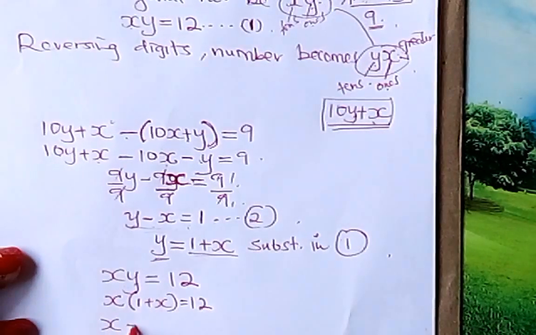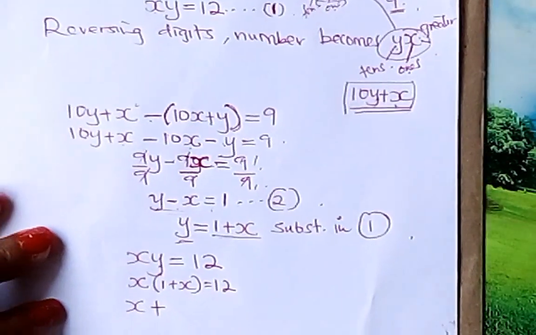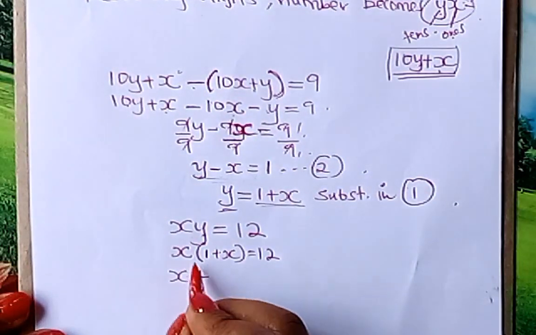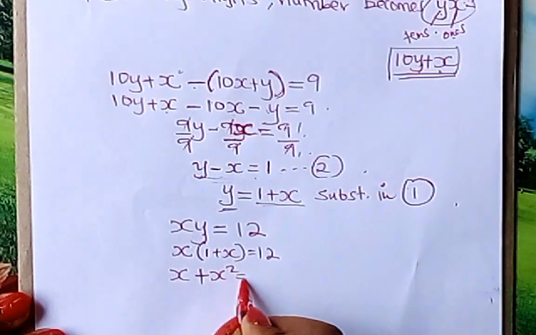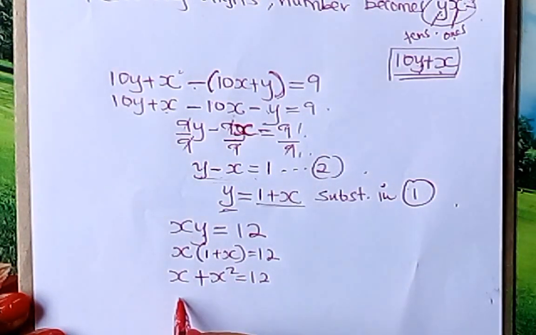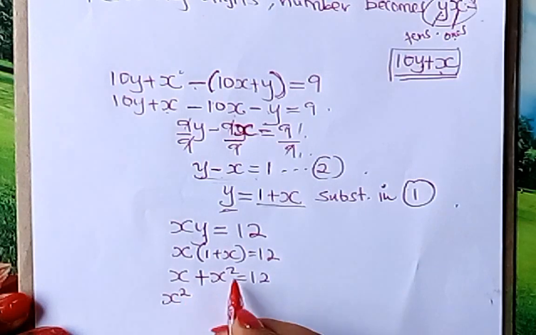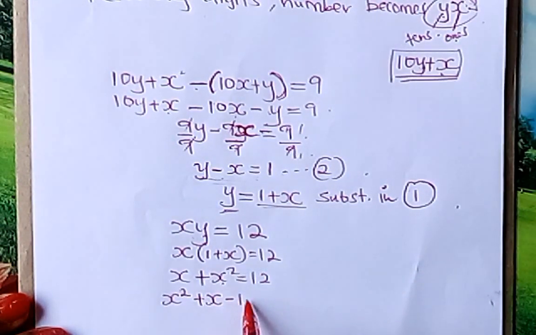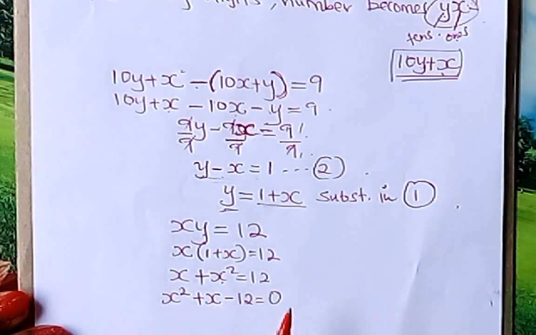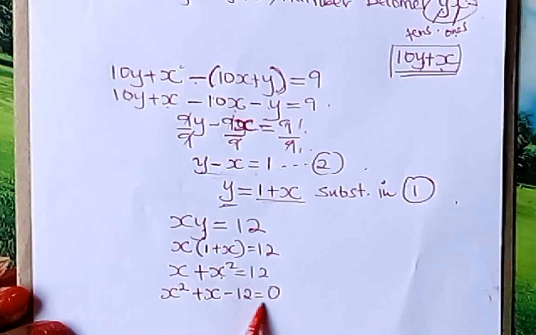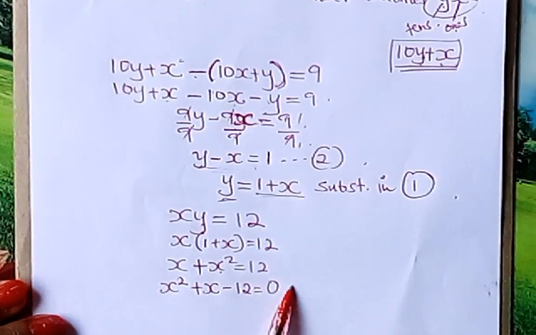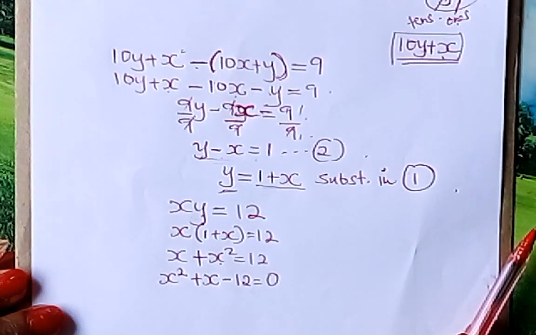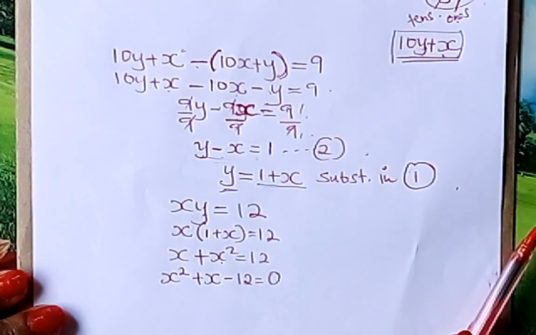Remove the bracket, you get x plus x squared is equal to 12. Bring this on this side. As you arrange these, you start with x squared plus x, bringing 12 to this side, it becomes minus 12 is equal to 0. And therefore, you have formed a quadratic equation. And this is what we are dealing with, formation of quadratic equations given some situations.